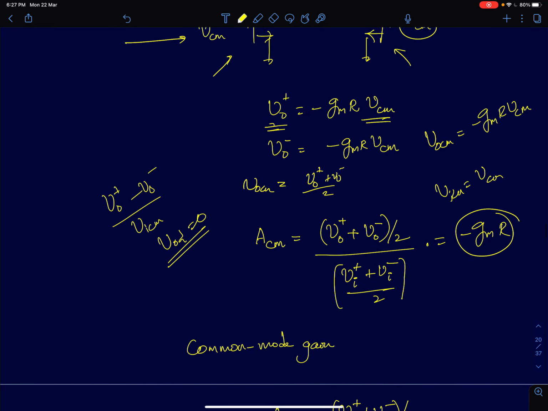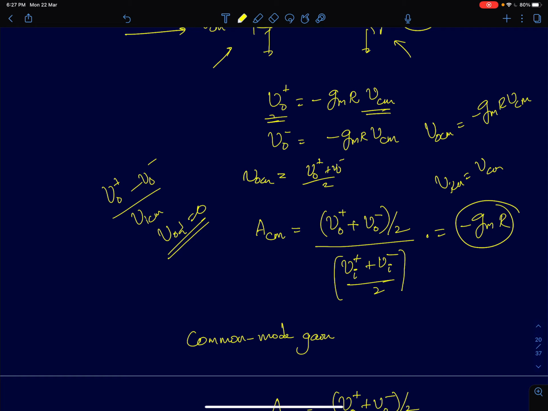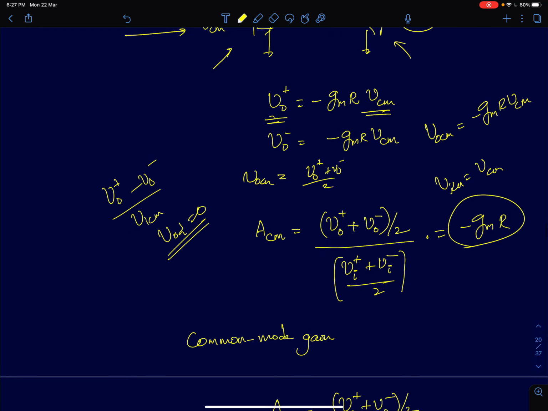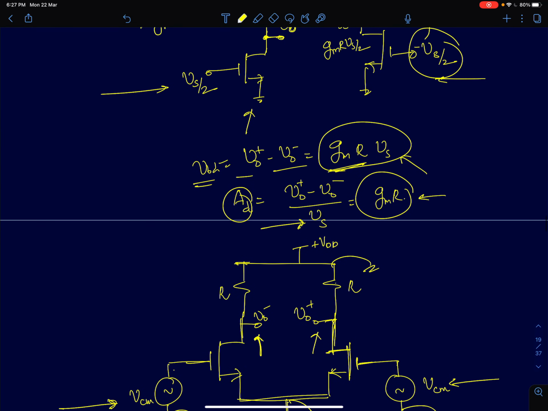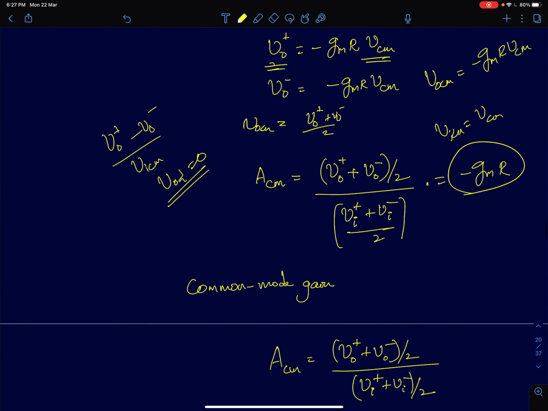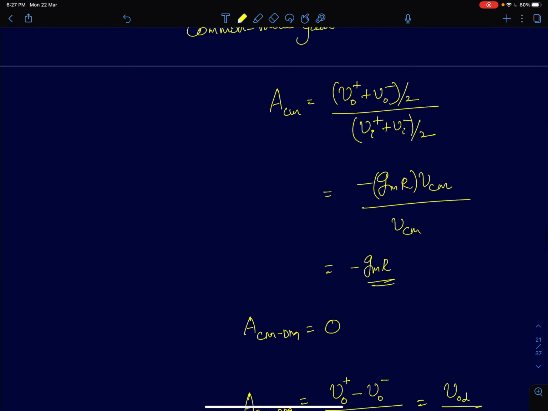An interesting result to note here is that the common mode gain is exactly the same as the differential gain in the previous example. So this is what I was discussing a few moments ago when I was discussing the first problem.